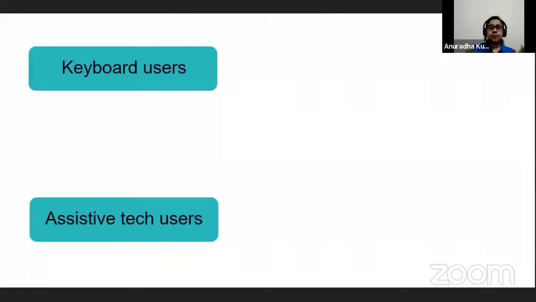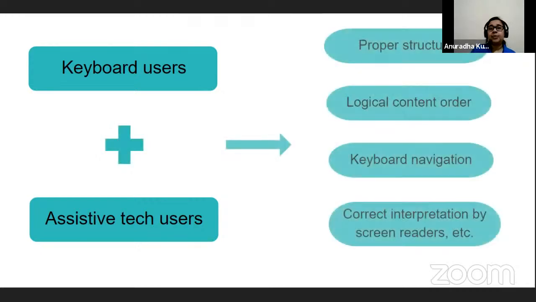If we are thinking about users, we need to think from a broader perspective. The user might be using a keyboard or any other assistive technology, like screen readers. When they are using these devices or platforms, are they able to see our content in a proper structure? Are they able to navigate through our content in a logical order, the way we want them to see it?